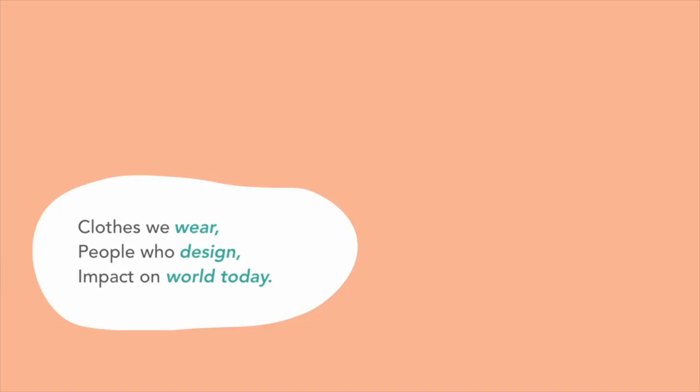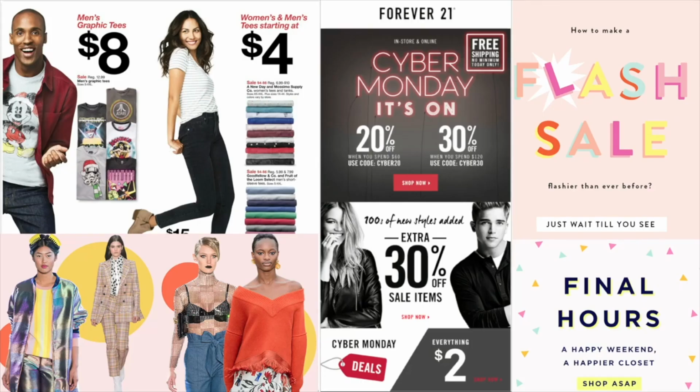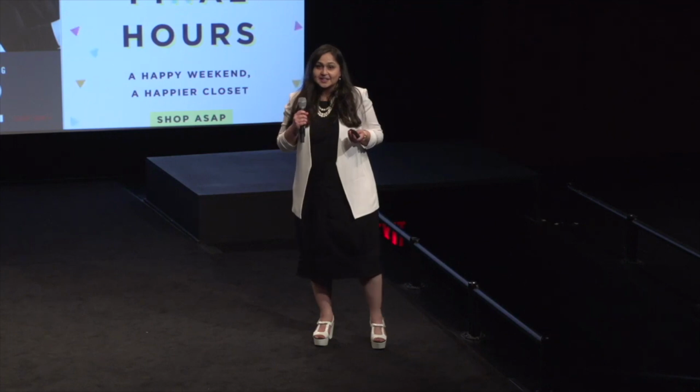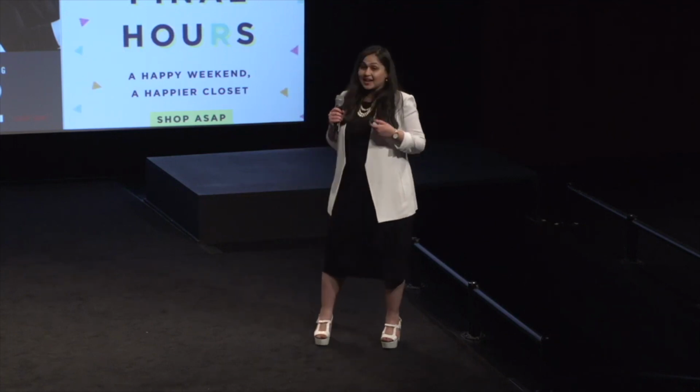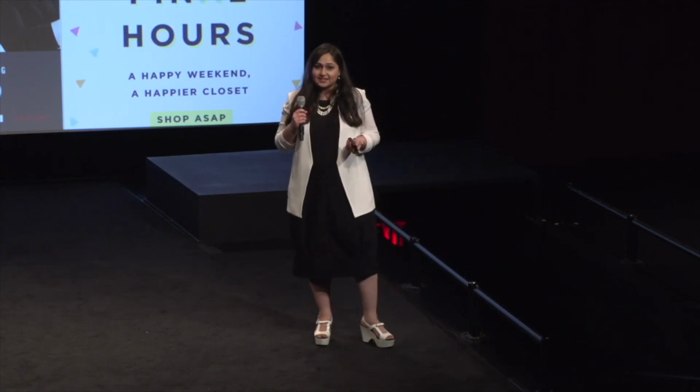My story is about clothing. It's about clothes we wear, people who design them, and the impact this industry is having on our world today. You all might be familiar with these advertisements. We buy clothing for every occasion, every season, because clothes are cheap, easy, and fast.